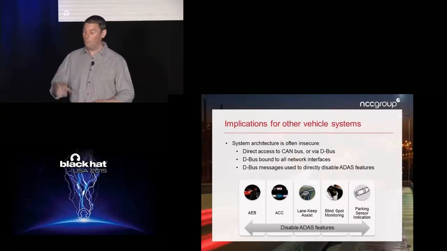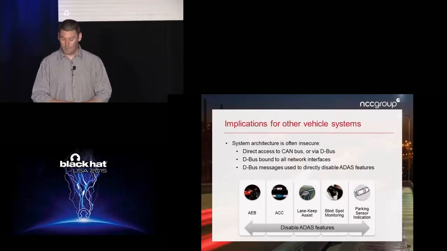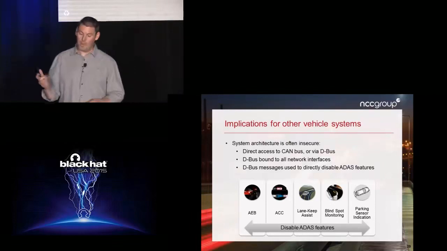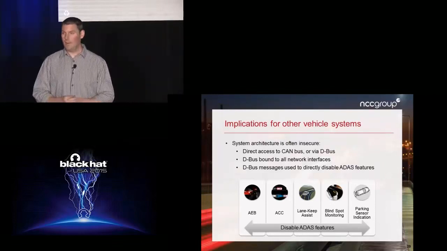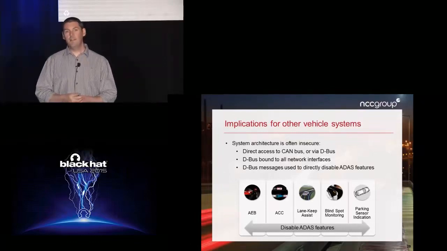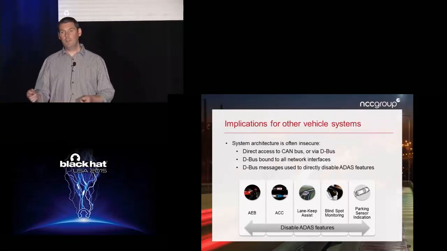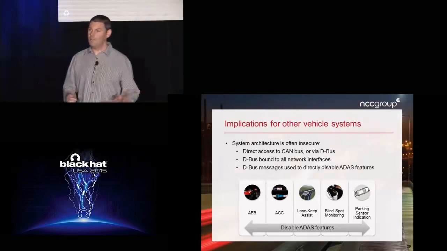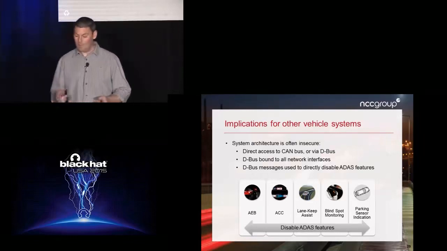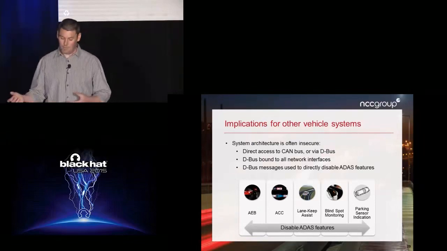D-bus, on one particular example of a vulnerability that we found on a head unit, we actually managed to gain access to it via a Wi-Fi attack, but D-bus was bound to all the network interfaces and therefore accessible via Wi-Fi. And because of the way that the head unit had been designed, they wanted to enable the user to be able to turn on and off the ADAS functionality. Now, ADAS is Advanced Driver Assistance Systems. So this is things like advanced emergency braking, adaptive cruise control, lane keep assist, blind spot monitoring.